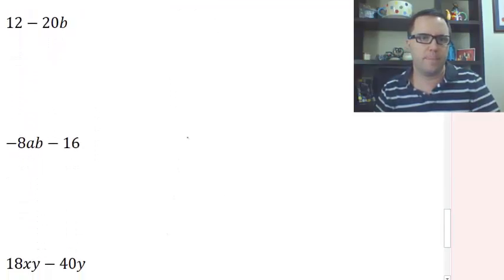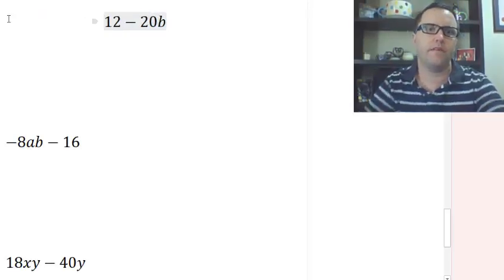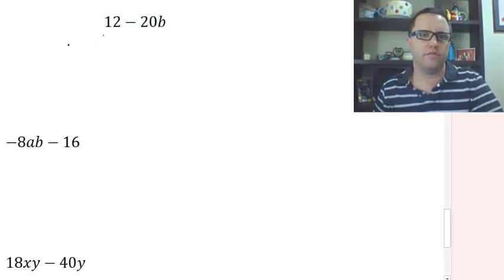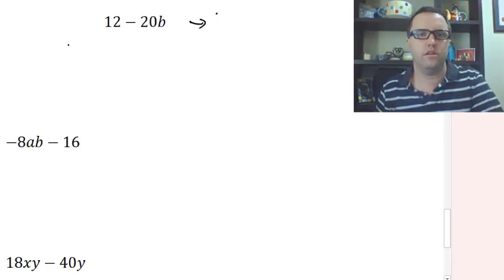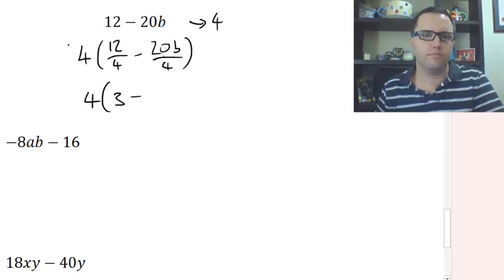Next, 12 minus 20b. The highest common factor of these two is 4, so we're going to put 4 at the front of the brackets. 12 over 4 minus 20b over 4. 12 over 4 is 3, minus 20b over 4 is 5b.